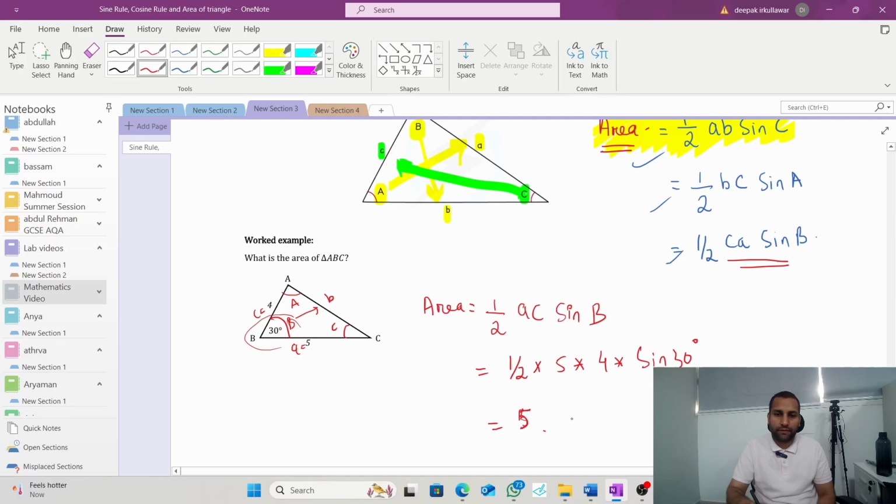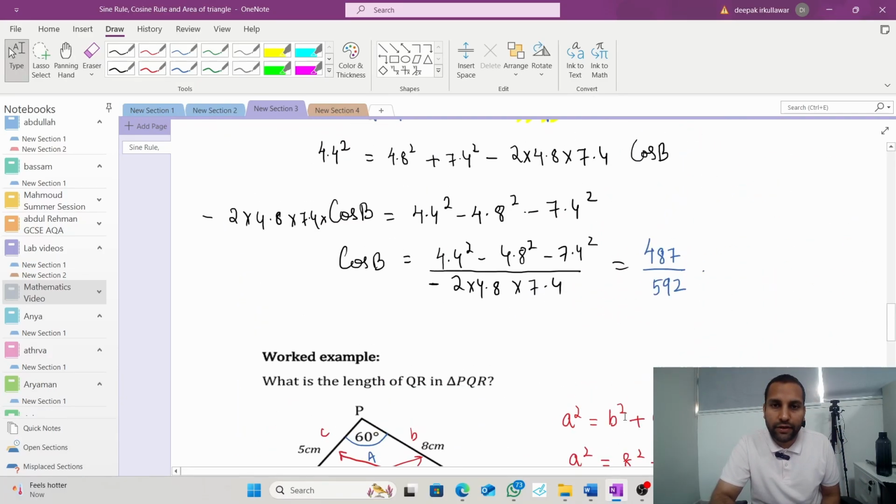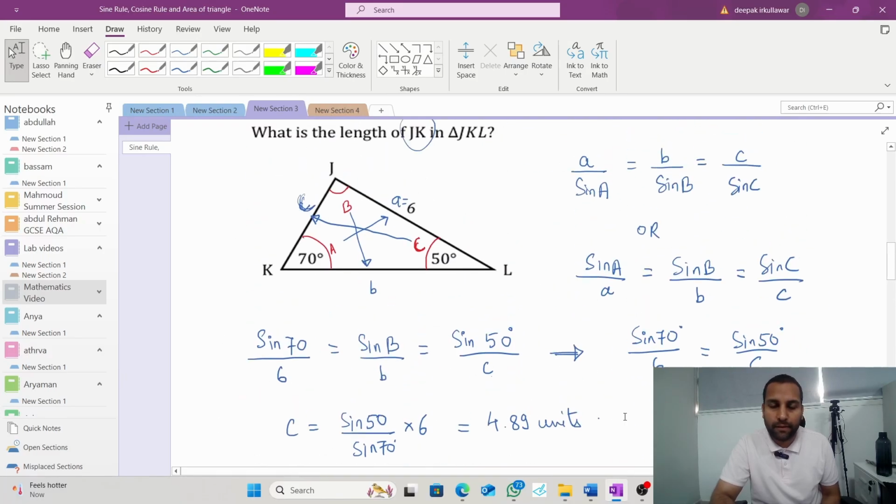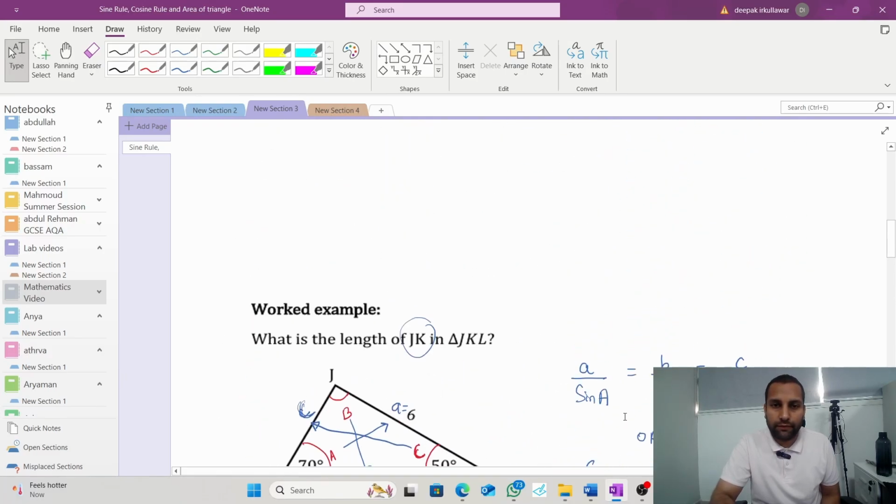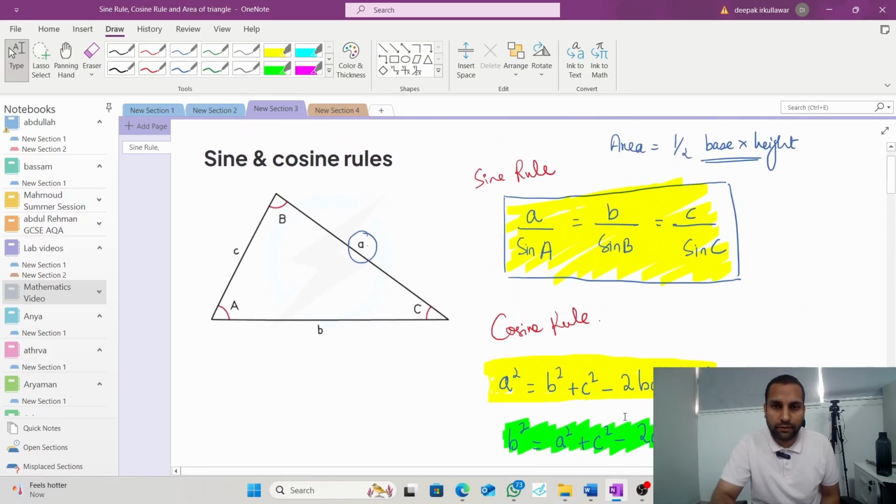So 5 units is the area. I hope you understood what is sine rule, cosine rule, and how to use the area of a triangle for a non-right angle triangle. These three formulas are really important when your triangle is non-right angle. When you have a right angle triangle, it is very simple, which we have learned earlier, but this one is really important when you don't have right angle triangles.